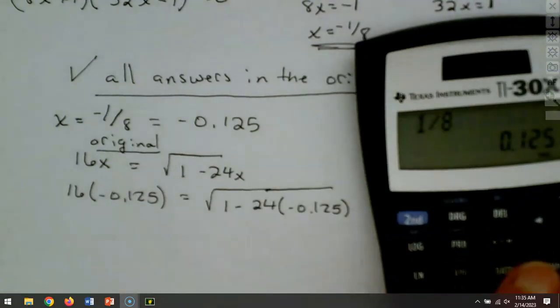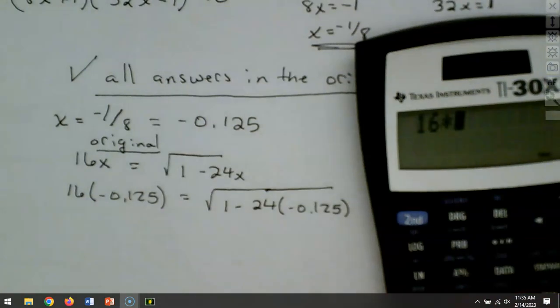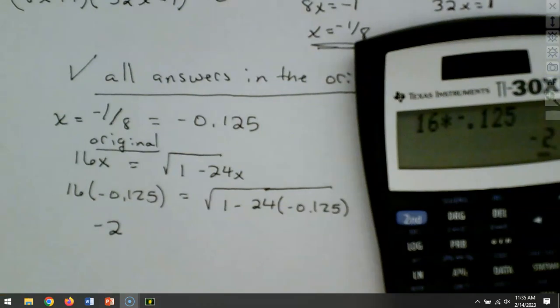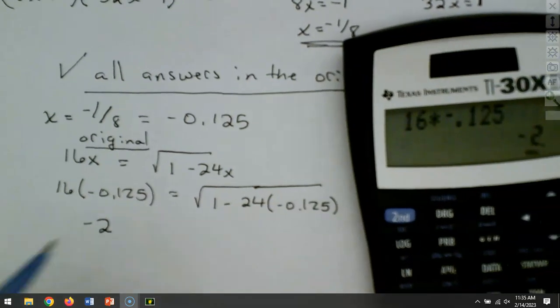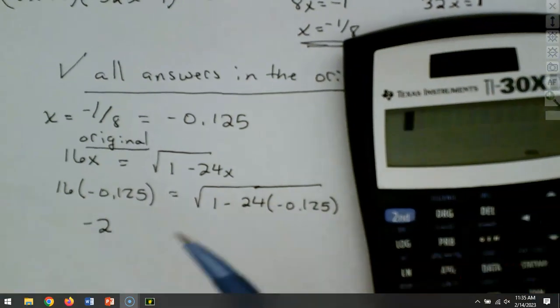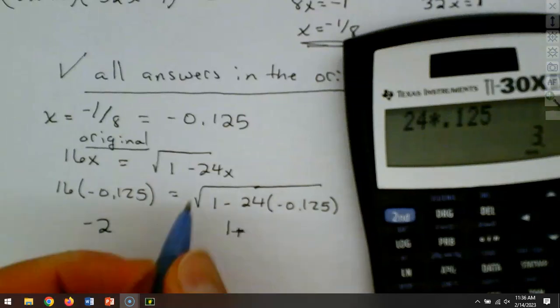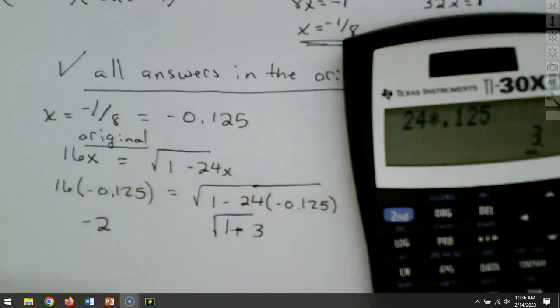So we multiply together. So 16 times that negative 0.125 comes out to be a minus 2. What about the other one? Well, we've got 24 times negative 0.125, so that's negative 3, and a double negative makes it positive 3. 1 plus 3 is 4.